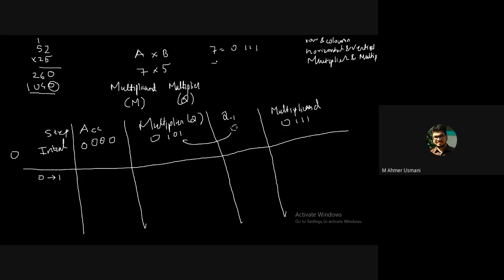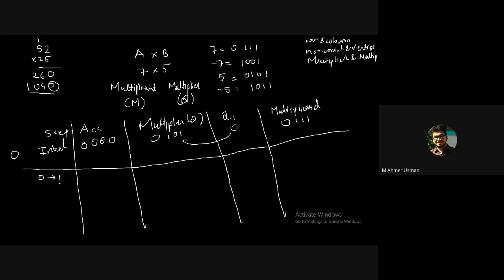Minus 7 can be written as 1001, right? 5 can be written as 0101, and minus 5 we get by starting from the right-hand side, keeping the first 1, and flipping everything after that, so 1011.